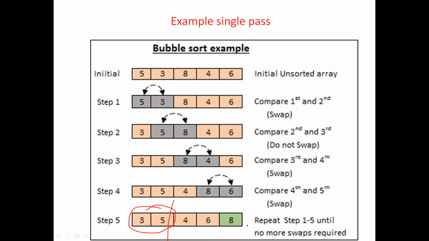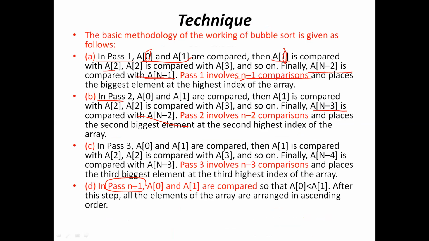After the earlier passes with swapping, the right side is sorted and the left side is unsorted, and in the last pass I have to check only these two elements. That's all.